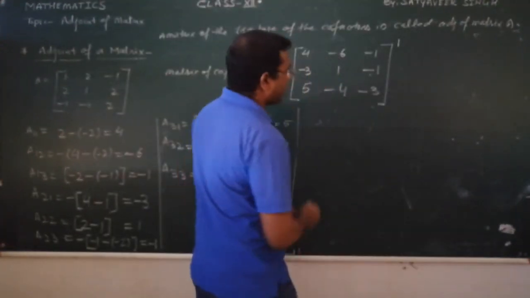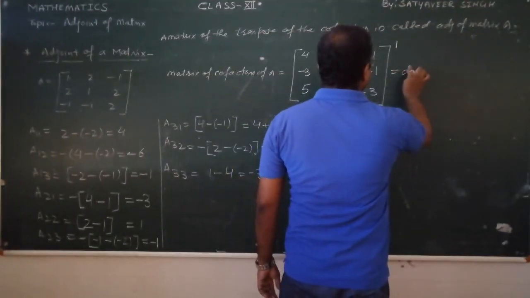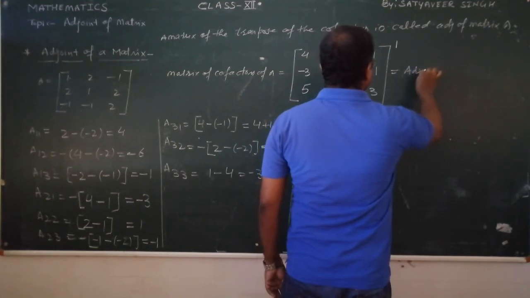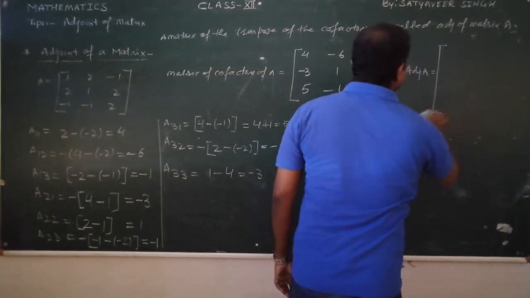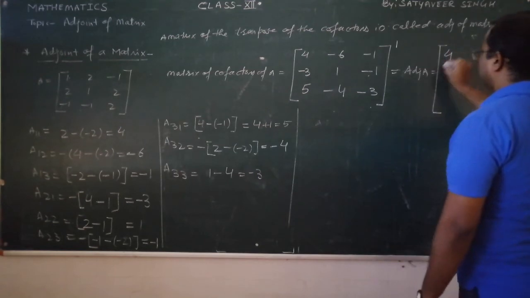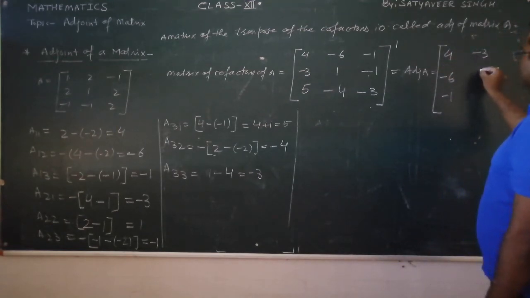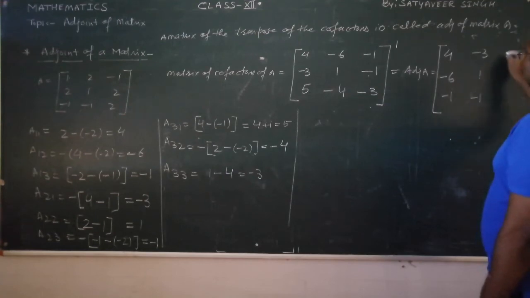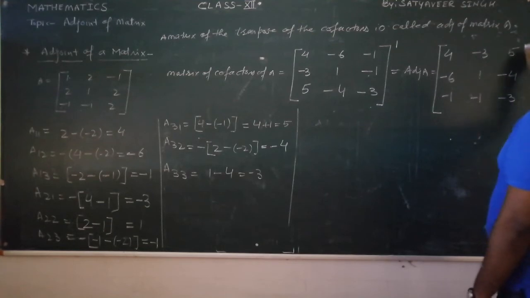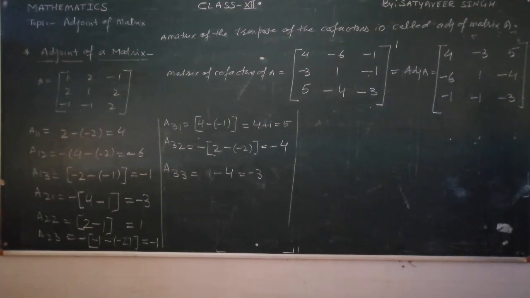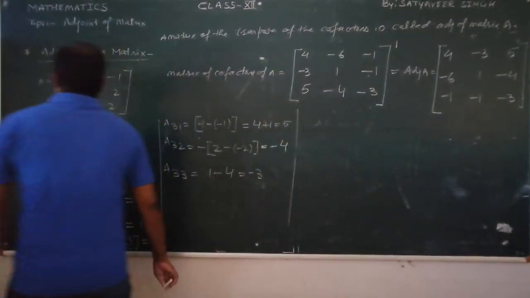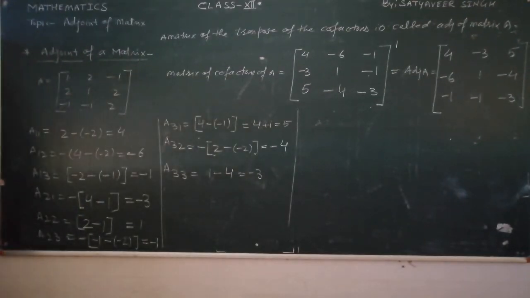So we can say it is equal to adjoint A, and it will be like 4 minus 6 minus 1 minus 3 1 minus 1 and 5 minus 4 and minus 3. So student, this is the procedure of finding the adjoint of a square matrix.